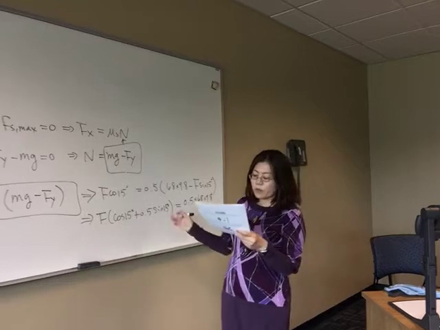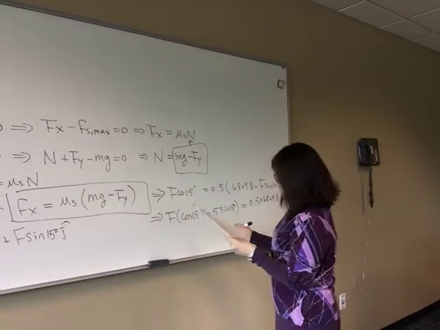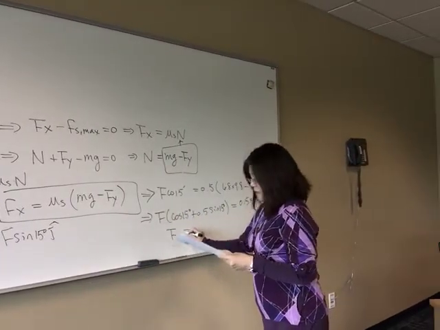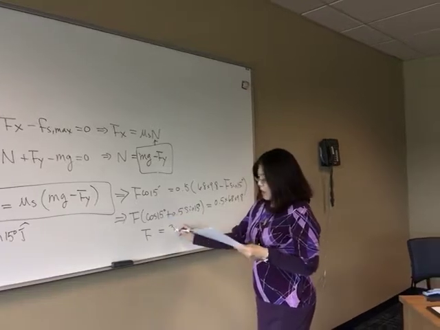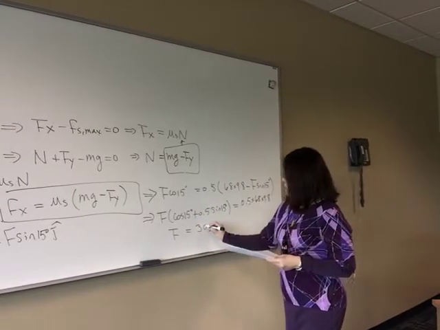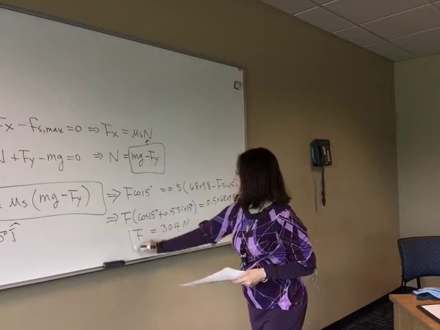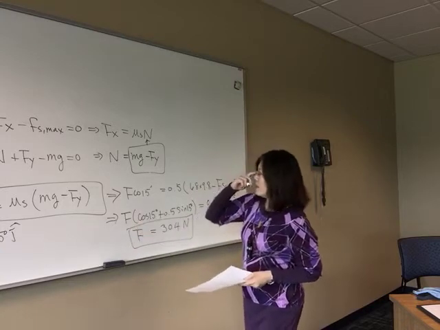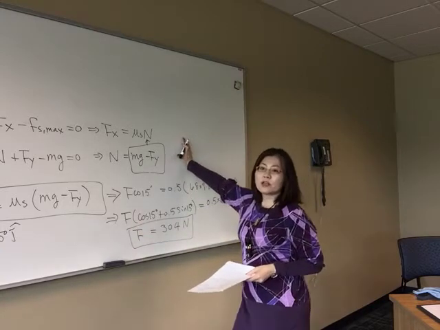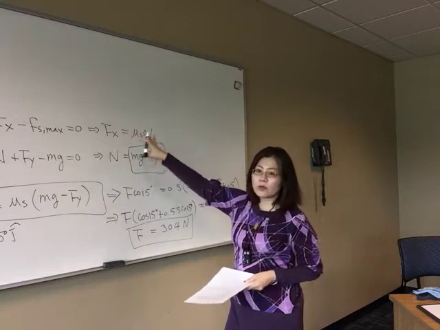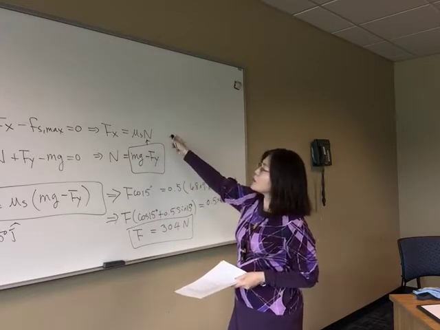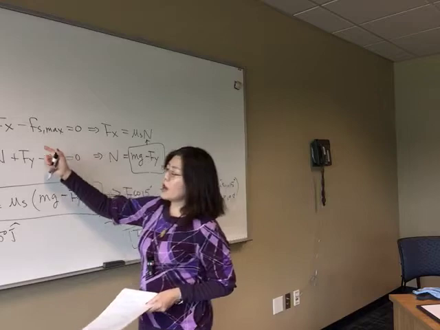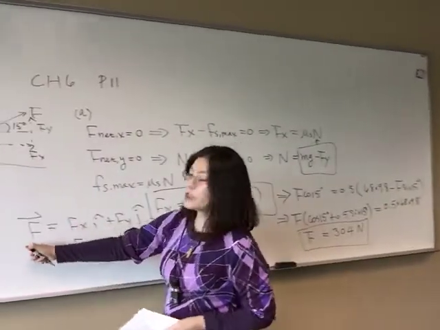So after you punch in the calculator, you should have your force magnitude F equal to 304 Newton. Okay? So you can see that setting up these two equations is easy because it's based on Newton's second law. And then how you go from there, you need additional information, which is this.